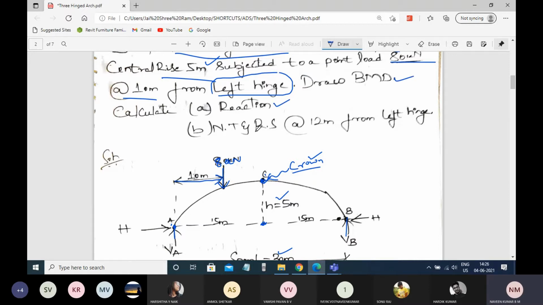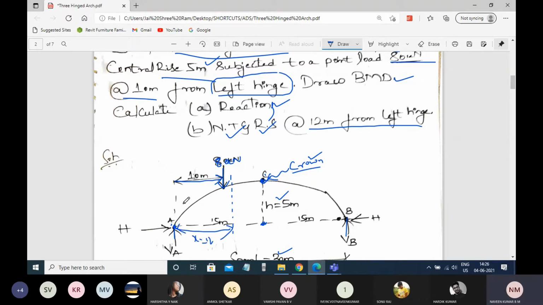So reactions we need to find, right, and we need to find the normal thrust and radial shear exactly at 12 meter from the left hinge. That means at this particular distance, that is x equals 12 meter.